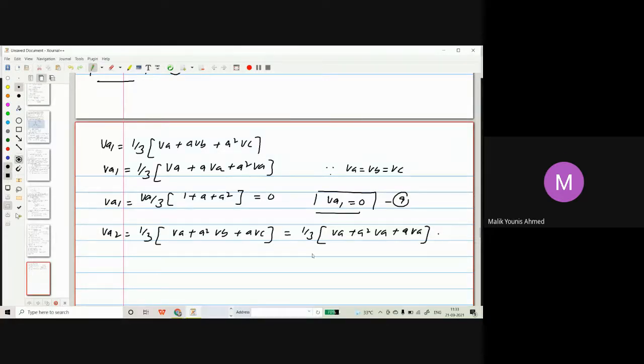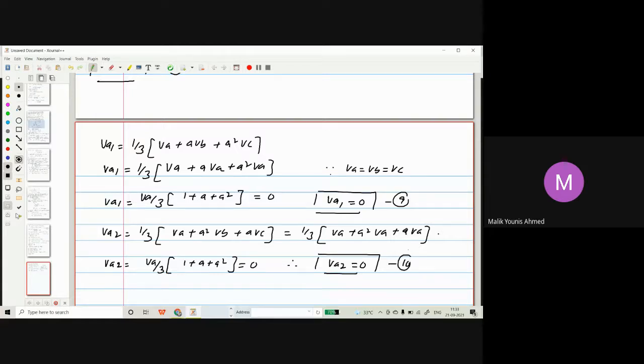So that should also become 0. 1 plus A square, again it will become 0. So therefore the negative sequence should also become 0.